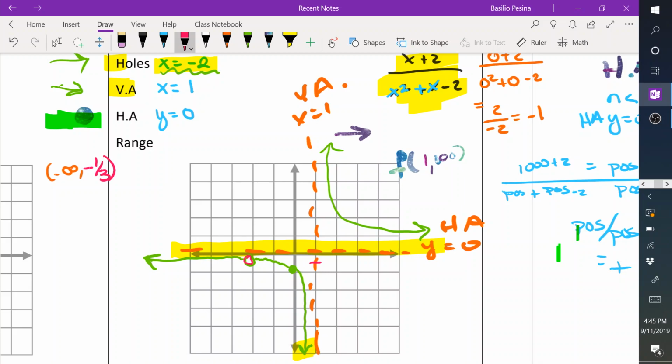So it continues, union negative 1/3, after the hole, all the way to 0, and then we continue from 0 all the way up to infinity. Pretty cool, right? So that's how we're going to graph these functions. Okay, thank you. Bye.